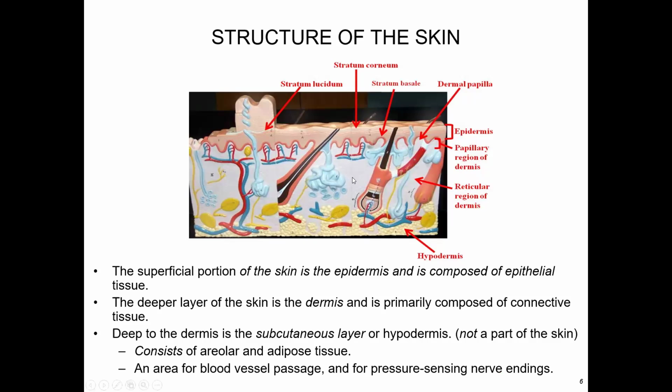While the dermis is made up of areolar connective tissue immediately under the epidermis in the papillary region, we have the dense irregular connective tissue making most of the reticular region of the dermis. And the most superficial large layer of our skin is the epidermis, and this is stratified squamous epithelium by tissue type.